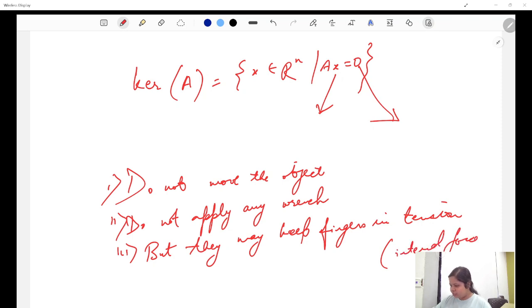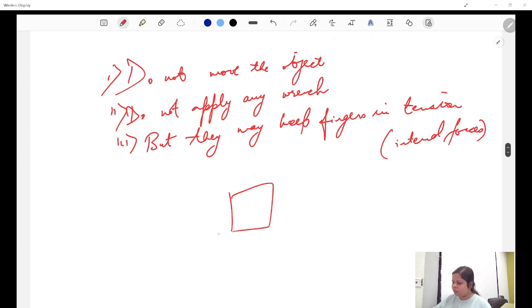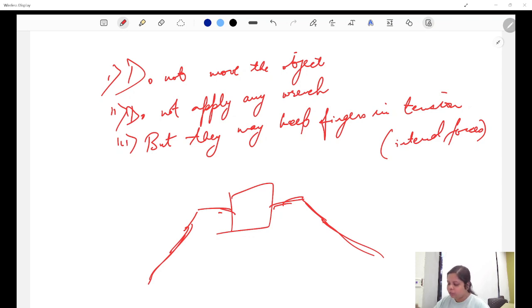As I was mentioning some time back, to hold this object you need to have two fingers anyway. So you're maybe not applying any force, you're not contributing to any wrench in the manipulation of the object, but you're just applying this because you want to hold it. Your fingers are in tension, right? But you're not applying any net wrench, you're not moving the object.